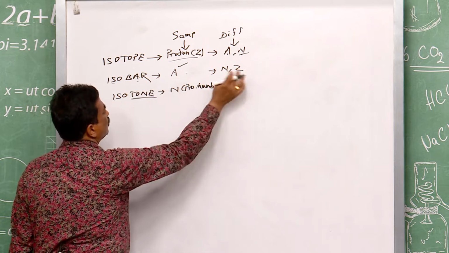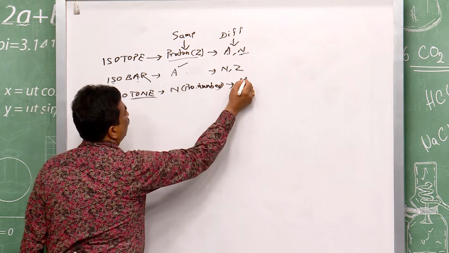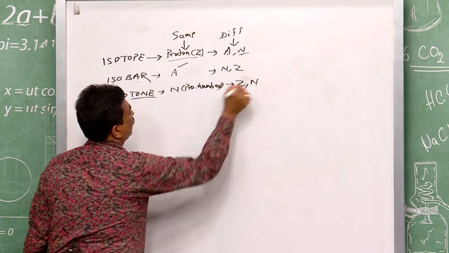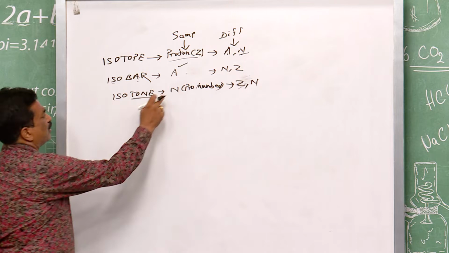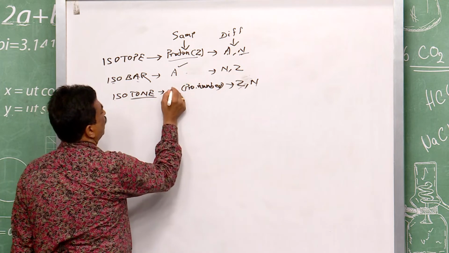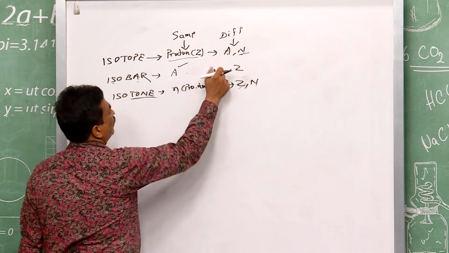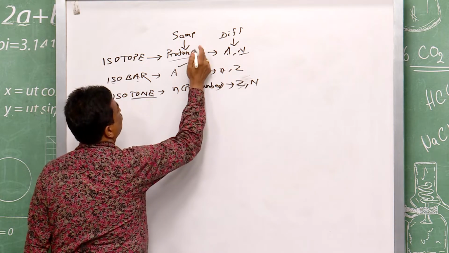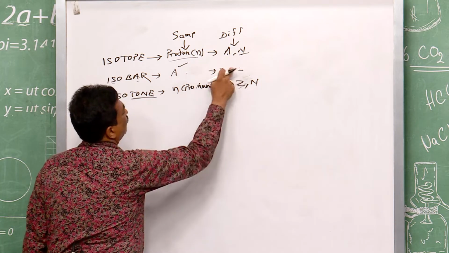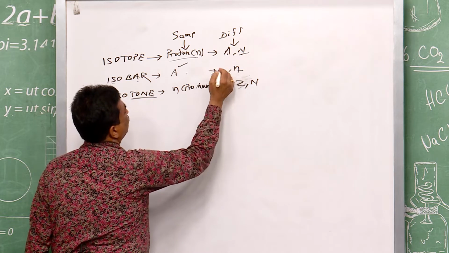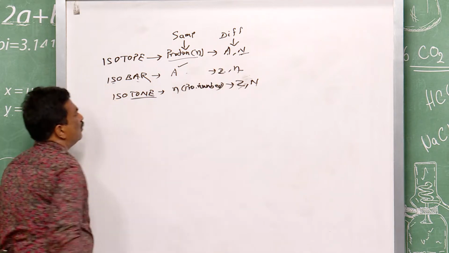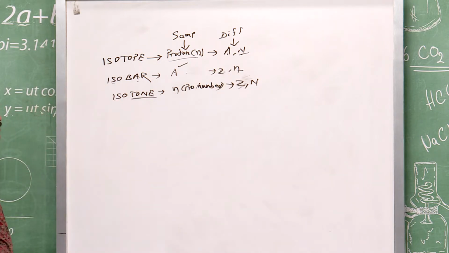The others, Z and A, are different. Small n is the neutron number. These things we took in the last class.